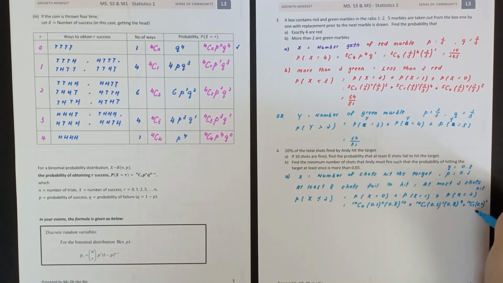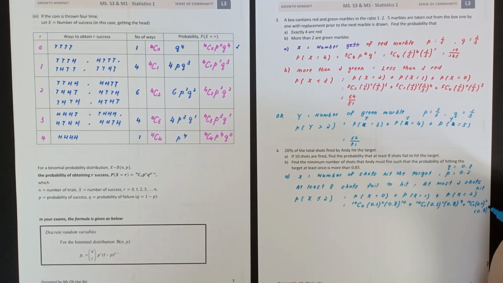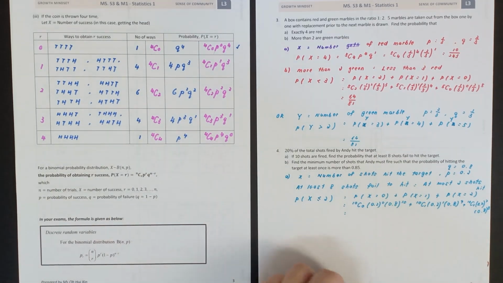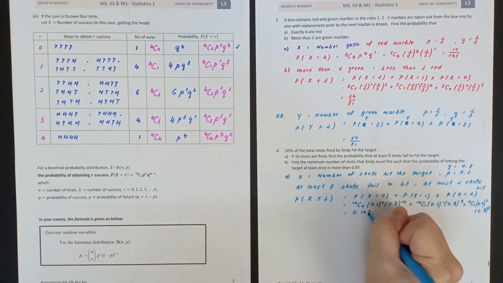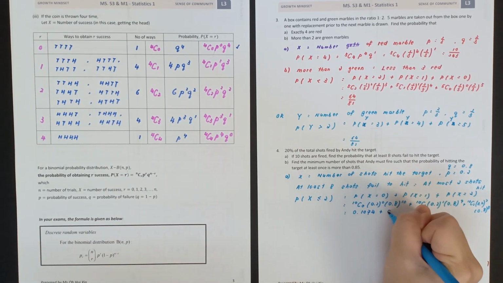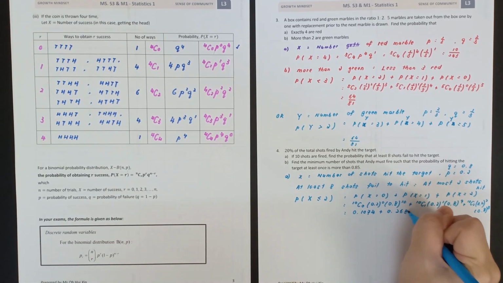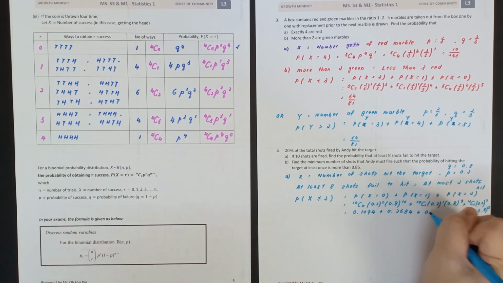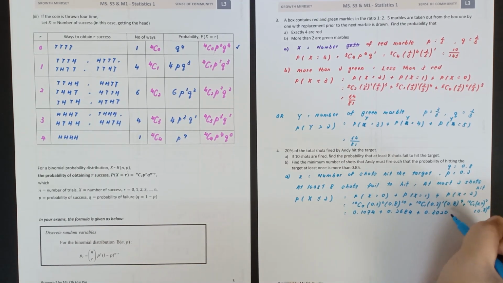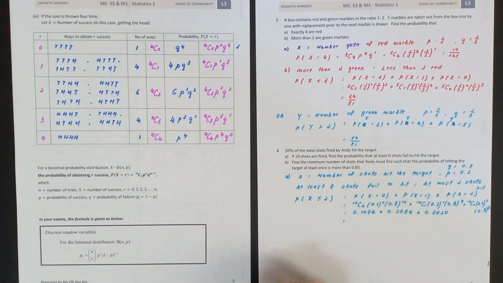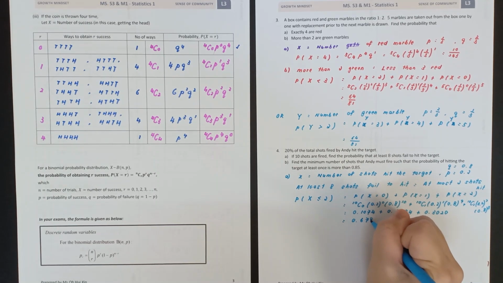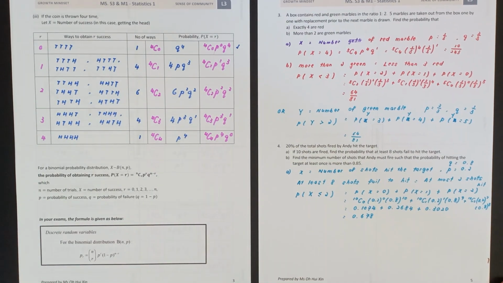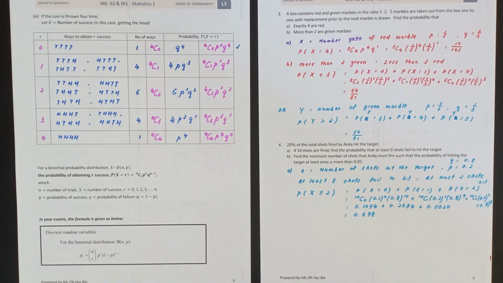I hope you can see this clearly, because I'm scared I won't have enough space here. So I have 0.1074 plus 0.2684 plus 0.3020. Again, I advise you to use at least 4 significant figures in your process. Then for your last answer, you only change it to 3 significant figures to make sure it's more accurate.